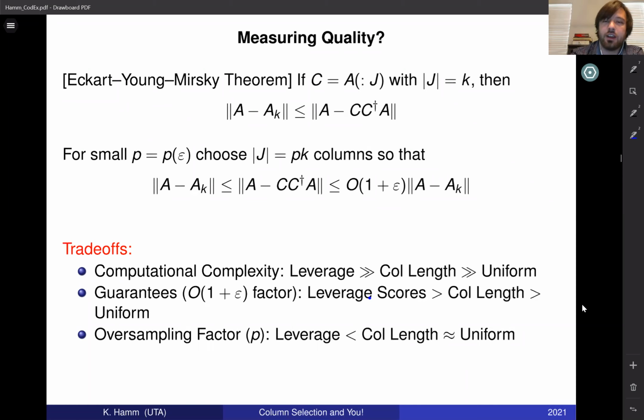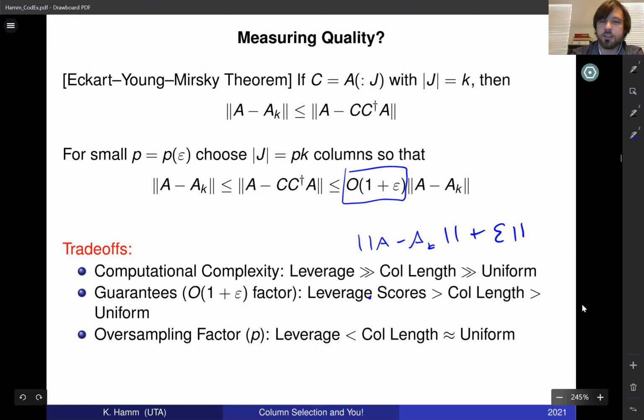In fact, at the moment for spectral norm, I believe there is no order 1 plus epsilon guarantee for either column length or uniform sampling. Those actually look like the SVD error plus epsilon times the norm of A, so those are a bit worse. And yes, like I say, less oversampling with leverage scores, and it goes up from there.